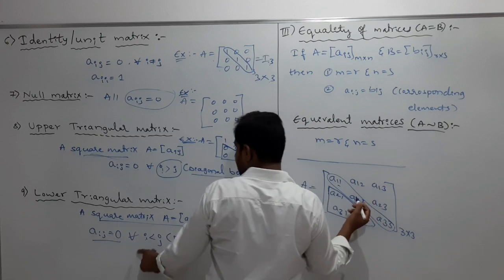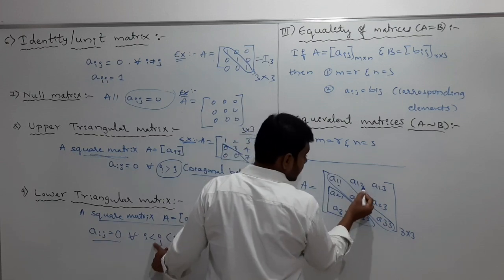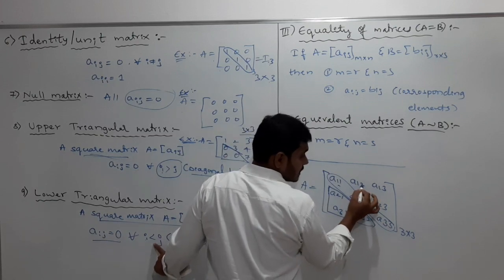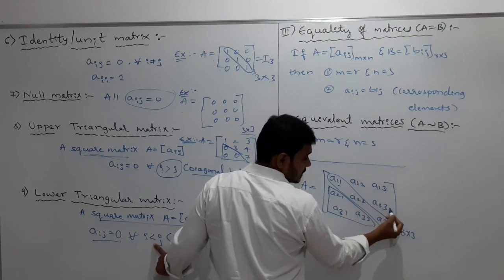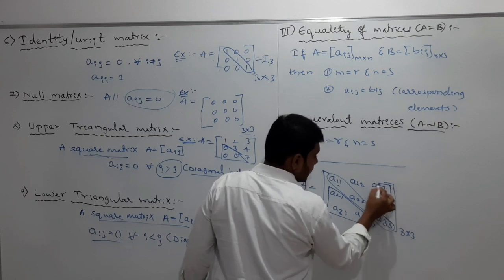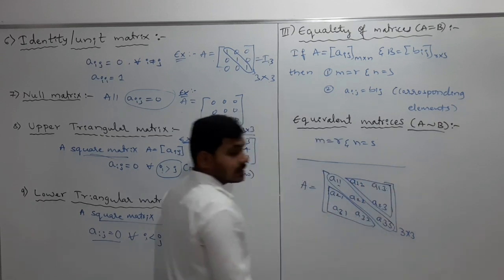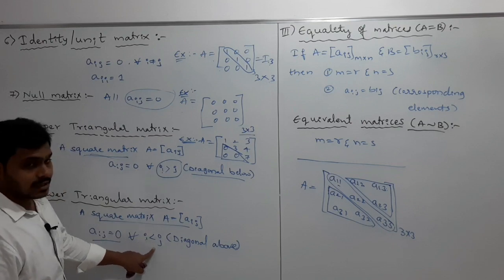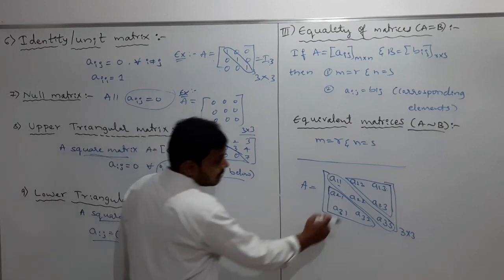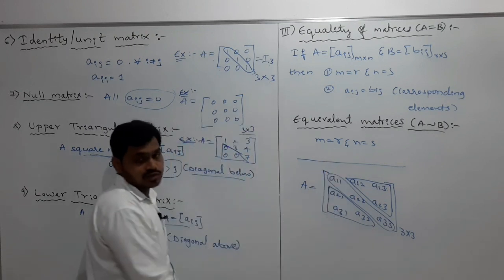You can observe here, i is less than j: 1 is less than 2, 1 is less than 3, 2 is less than 3. So all these elements Aij equal 0 for all i less than j. It means the elements above the principal diagonal should be equal to 0.